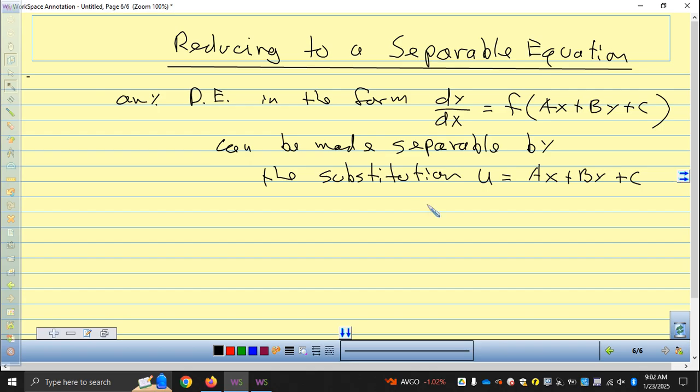And we need b not to be 0, so we need y in this function here. So making this substitution makes our equation separable.